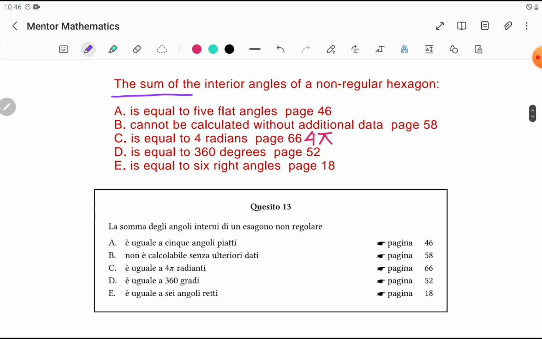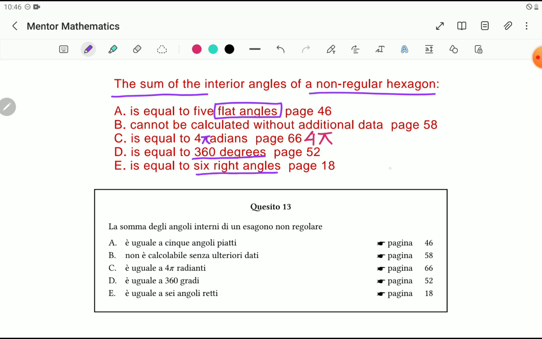The sum of the interior angles of a non-regular hexagon is equal to 5 flat angles, cannot be calculated without additional data, is equal to 4 pi radians, is equal to 360 degrees, is equal to 6 right angles.